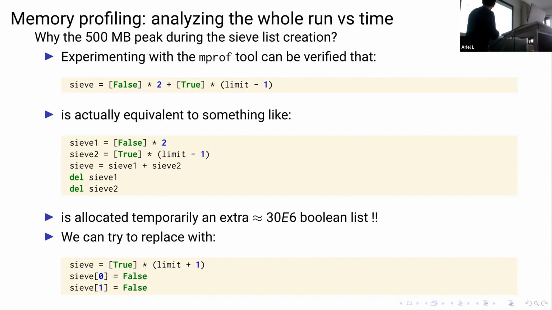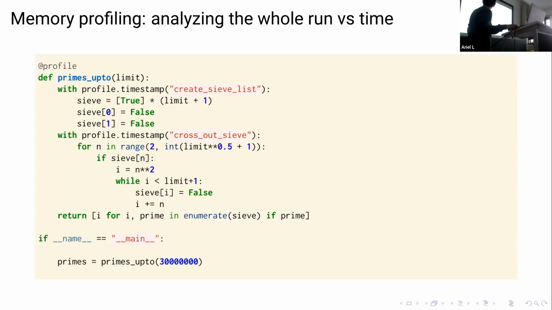And so this was done like that on purpose, not really efficient. If we do instead the creation of a single list of 30 million at once, and then we operate on that single list that I have in memory and set as false the first 2 elements, and we run.